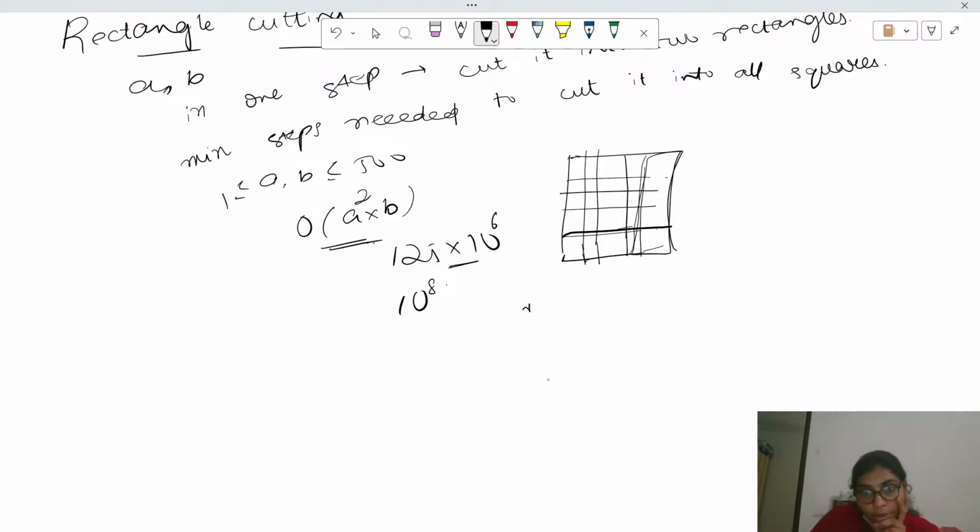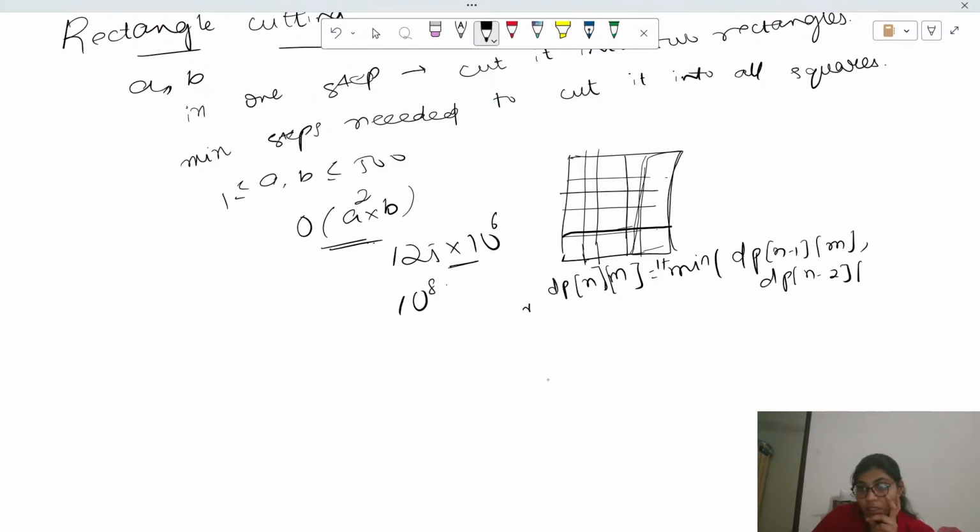What do we do now? dp of n comma m is minimum of 1 plus dp of n minus 1 comma m, dp of n minus 2 comma m, okay, minimum of all these before. Hmm, interesting.